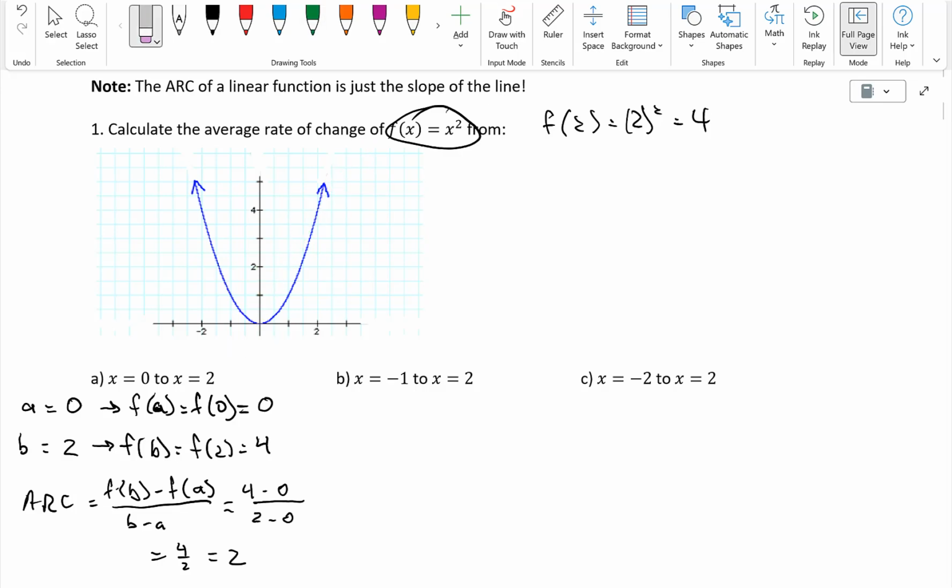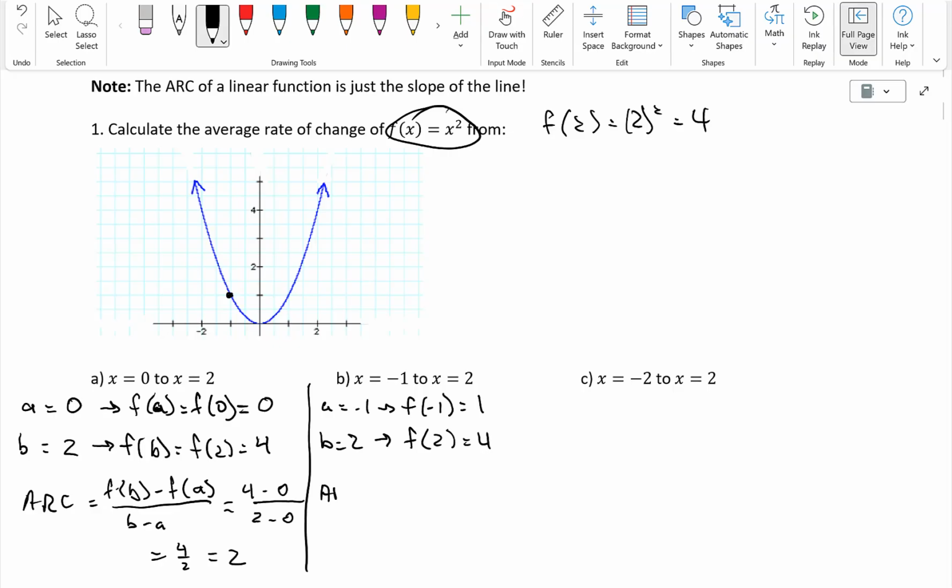All right, for b, we're going from -1 to 2. So here our a is -1, which gives us an f(-1), or f(a), that is 1. And b was the same. b is 2, so f(b), or f(2), was 4 for us.